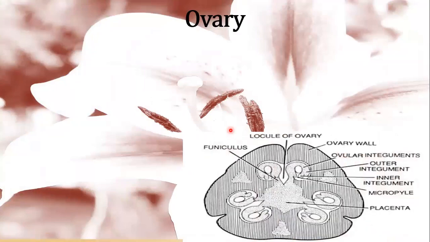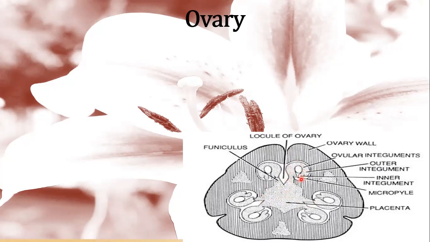Next, the structure of the ovary. The ovary consists of the ovarian cavity called the locule, and it is lined by the ovary wall. Later, it develops into the fruit wall after fertilization. In the locule, the placenta, the fertile tissue through which the ovules get nourishment, is attached.